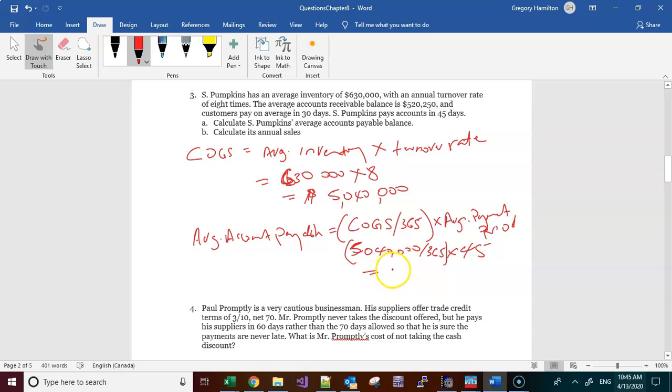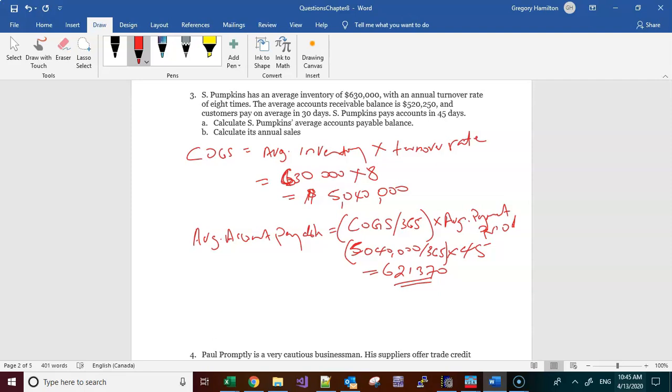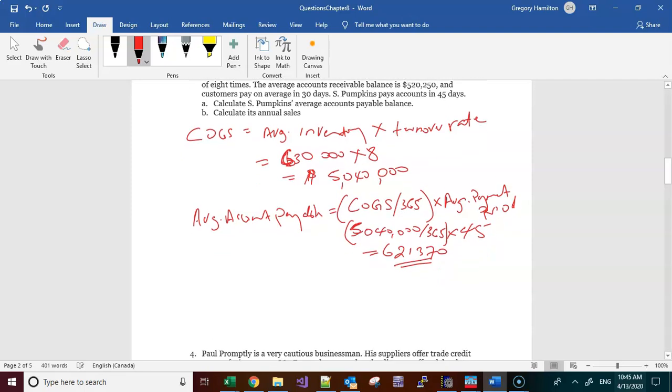This would be 621,370. So that represents our average accounts payable balance.